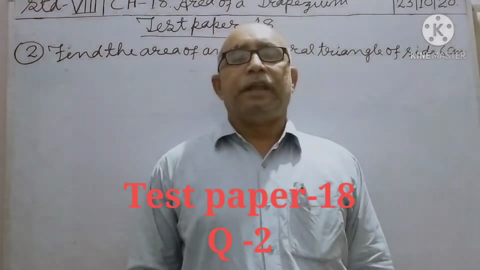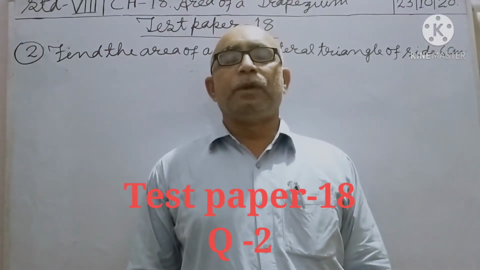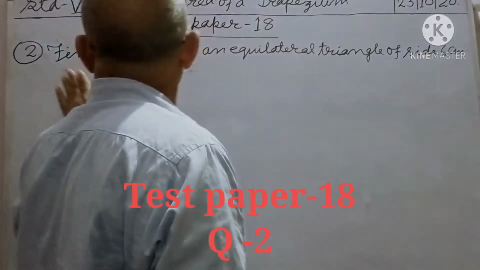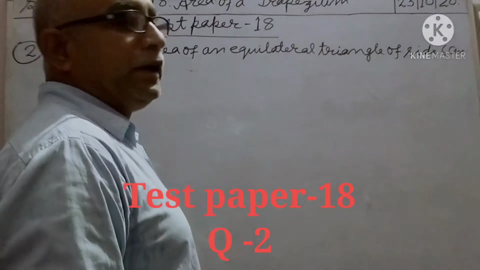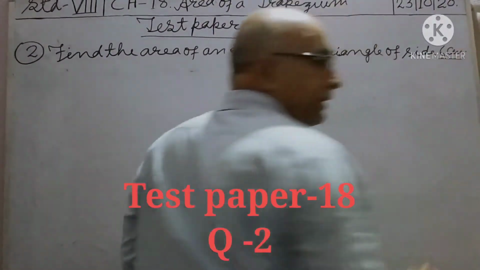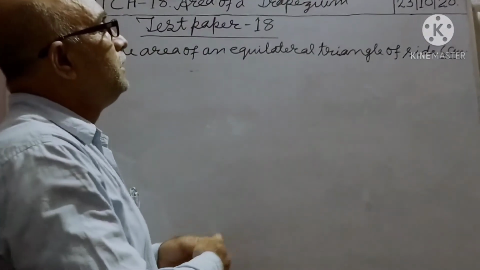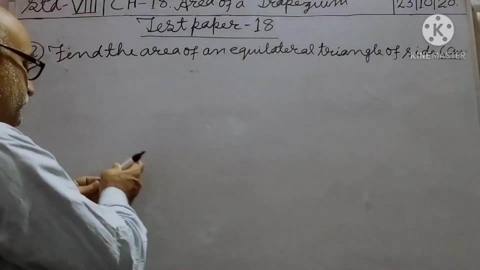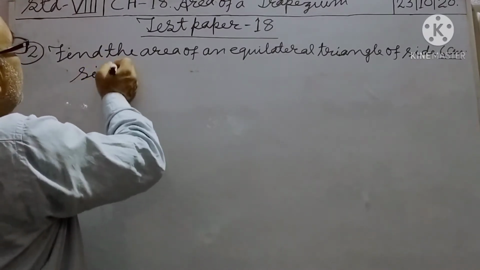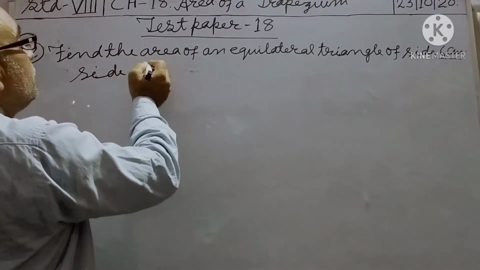Students, next question is question number 2 of test paper 18. In this question, find the area of an equilateral triangle of side 6 cm. So given in this question, side equal to 6 cm.